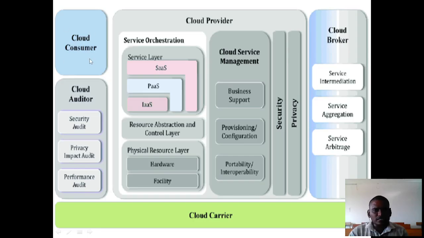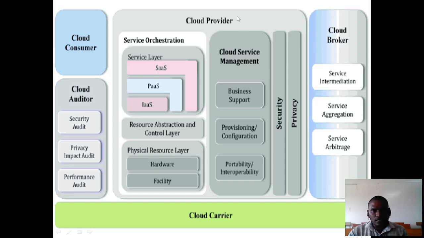So the cloud consumer is the user. Clients, the end users, are called cloud consumers, who are going to use your applications and your cloud services. Cloud provider means who is going to provide the services to the cloud consumer. Here we have service orchestration, cloud service management, security, privacy, and physical resource layers.